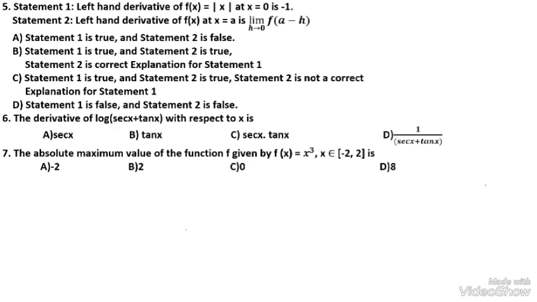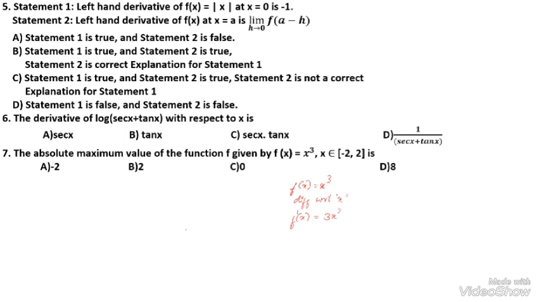First, take the function f of x equals x cube and differentiate with respect to x. Now f dash of x equals 3x square.